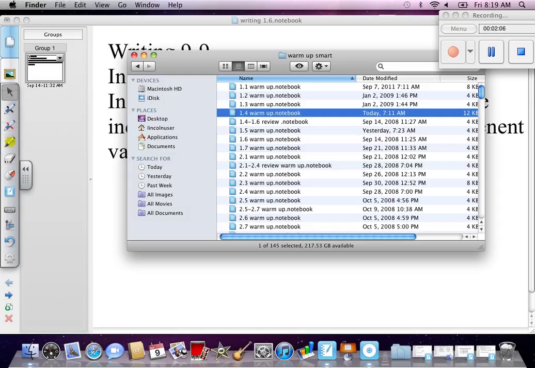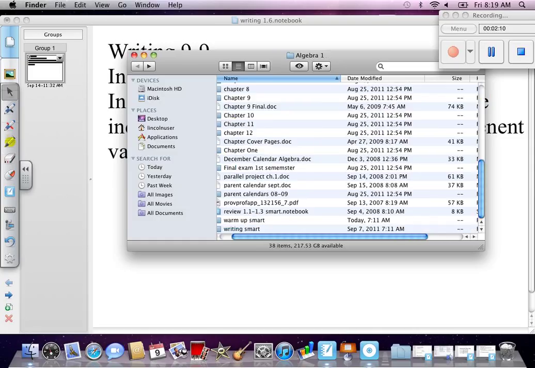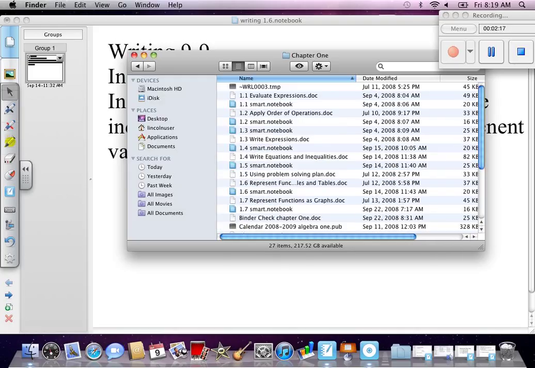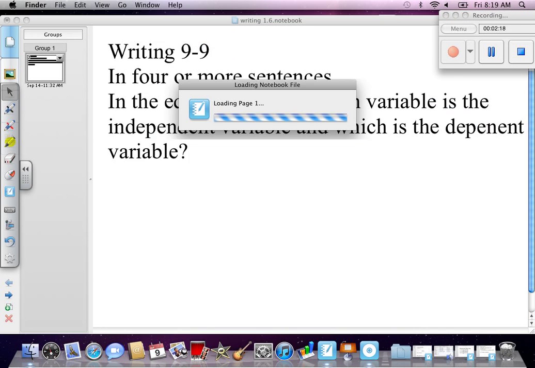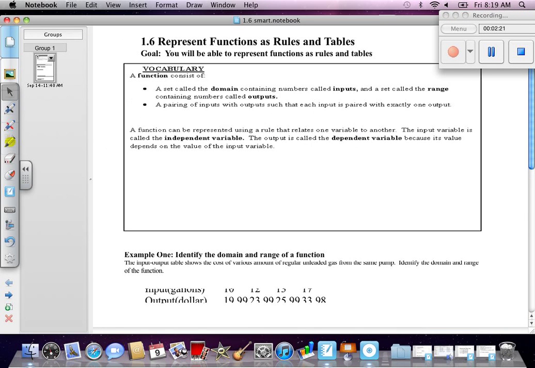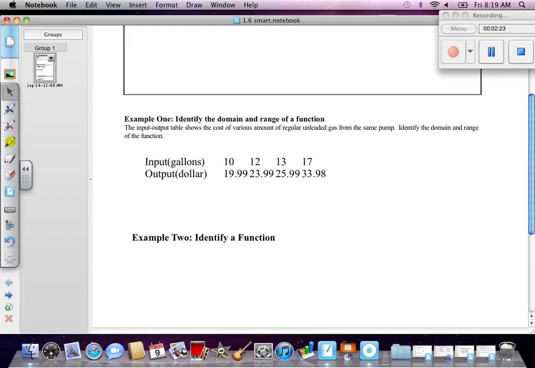Come on. Okay, so you have a much better table than I do up here.